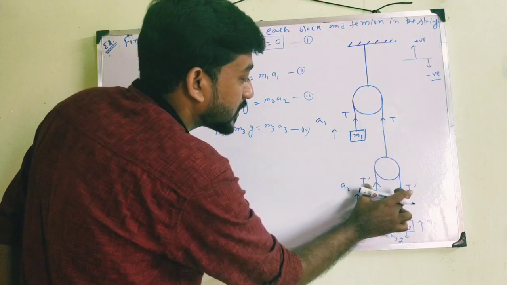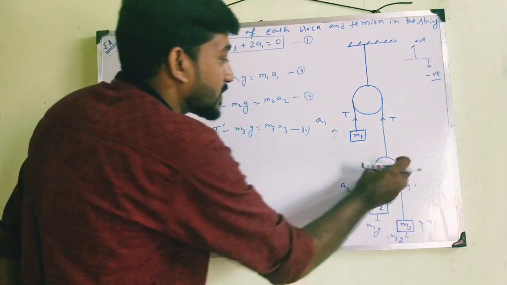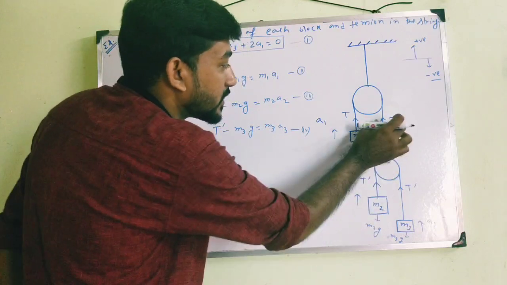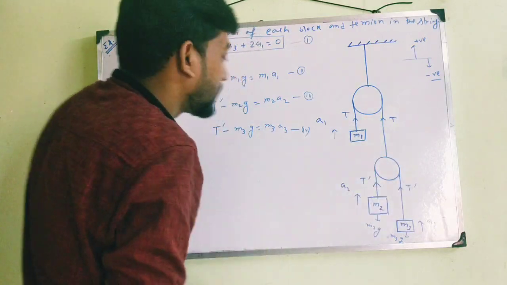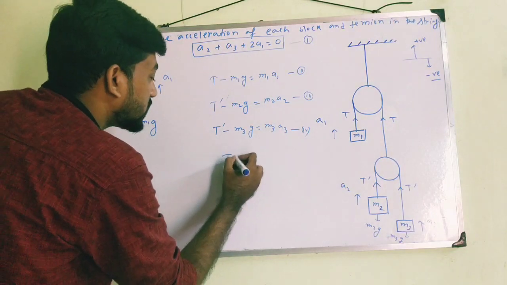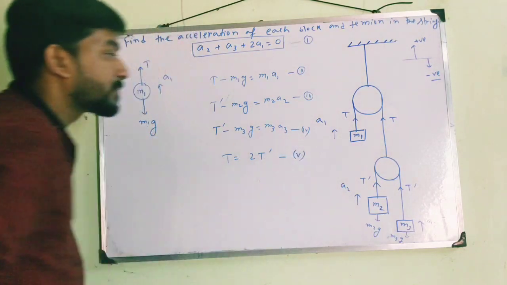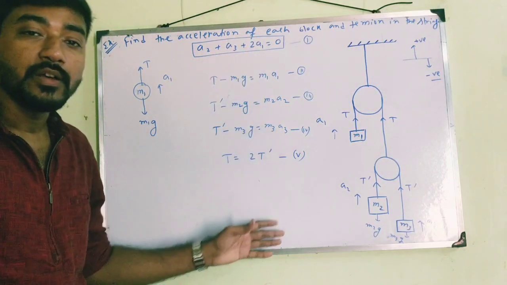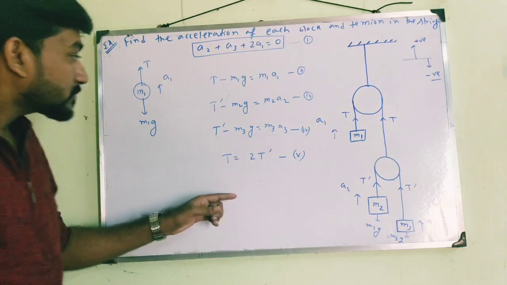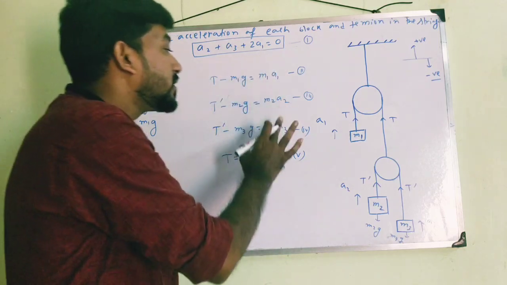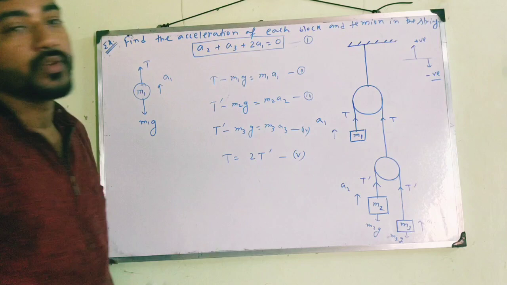T will be nothing but 2T prime, as the acceleration of this system and this system is the same. So in the balancing condition, T will be 2T prime. This is our equation 5. Now we have 5 equations in our hand, and we have to determine the 5 variables, so we can easily do the problem by solving these equations.